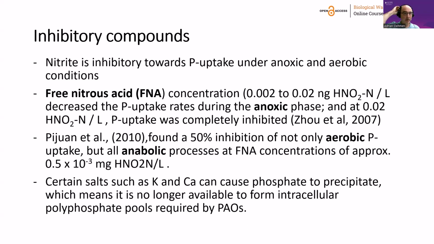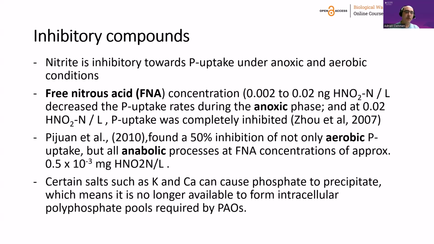Another important thing that can impact the success of EBPR is the presence of potentially inhibitory compounds in the process. One primary example that's been studied quite extensively is the presence of nitrite. Nitrite has been found to inhibit phosphorus uptake under both anoxic and aerobic conditions.